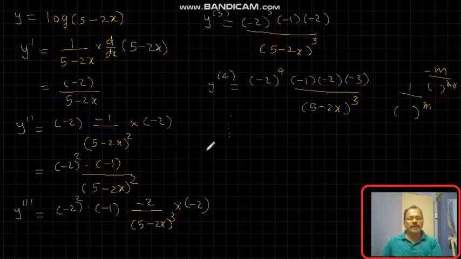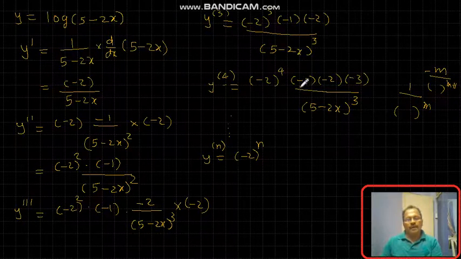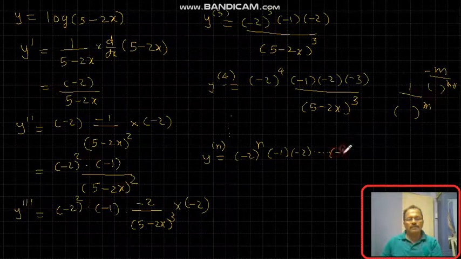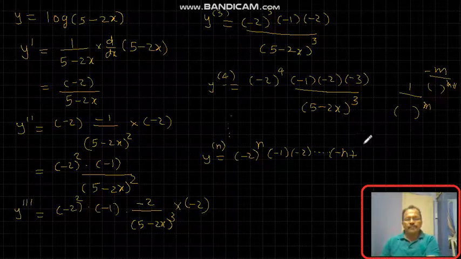Continuing in this way, we get the nth order derivative as (−2)ⁿ, because for the fourth order derivative I get (−2)⁴, and for these numbers I should get −1 into −2 into dot dot dot into −(n − 1).